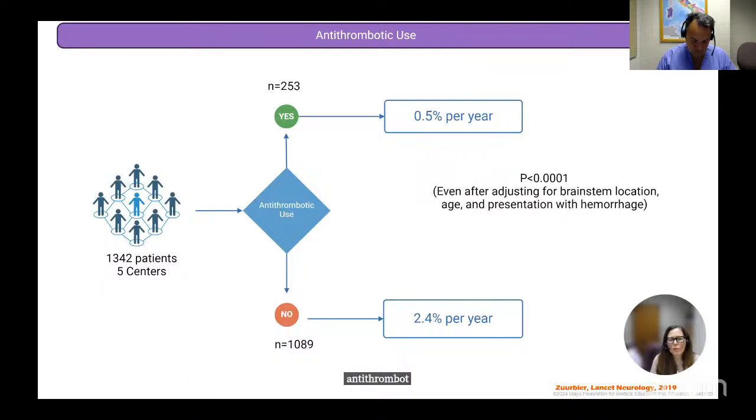So a 0.5% per year risk of bleeding versus a 2.4% per year risk of bleeding. And that was statistically significant even after adjusting for brainstem location, age, and presentation with hemorrhage.